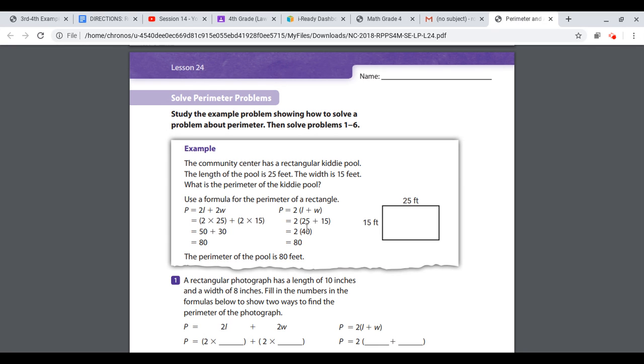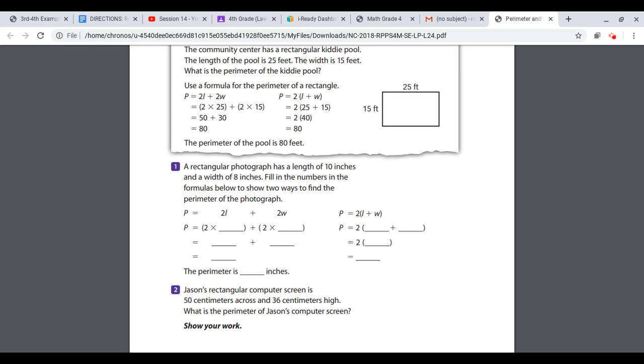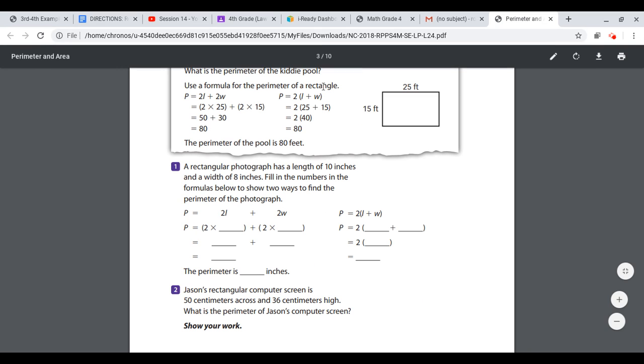So you do that first, and then you multiply by 2. Okay, if there's a number outside the parentheses with no operation, it means multiply. So 2 times 40 is 80. The perimeter of the pool is 80 feet. So now for number 1, you're going to plug in the length and the width for both of these equations, just like up here, and solve it out.